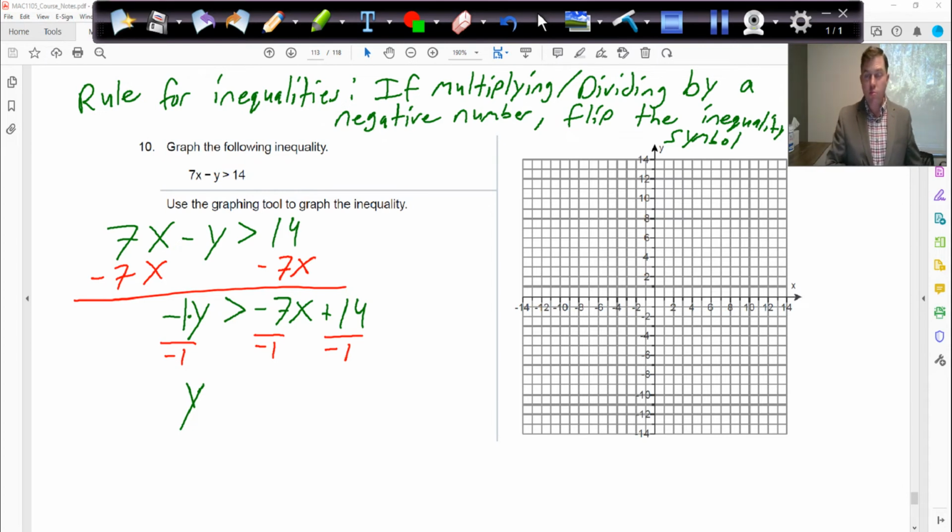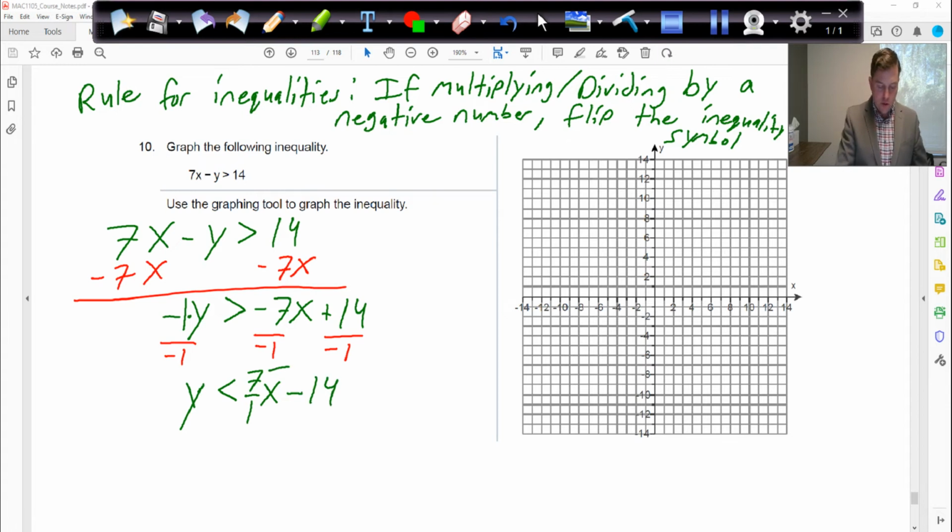So we just divided by a minus 1, so we have to flip this. It goes from greater than to less than. So notice how it switches orientation. And these minuses will cancel, but I'm going to leave this as 7 over 1 times x. And then we have 1 minus here that won't cancel, so it becomes minus 14.